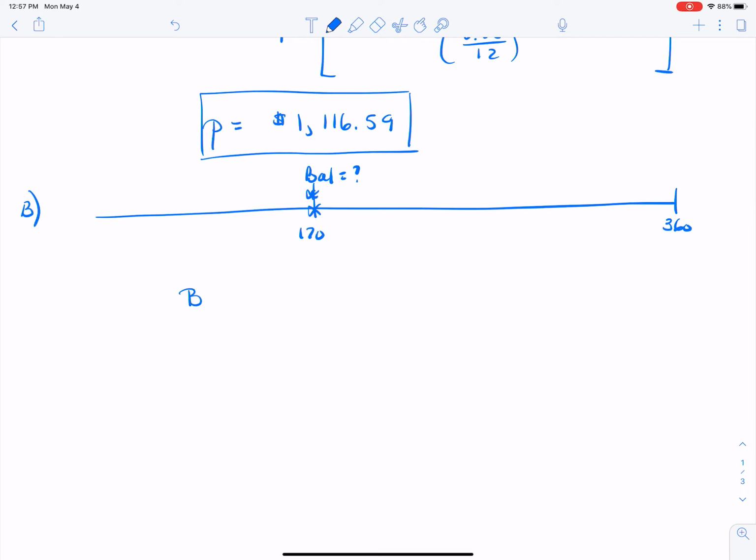We know that that is the same annuity formula. But now this time we have 240 payments to go. So 1 minus 1 plus 0.05 over 12 to the negative 240, because that's how many we have to go.